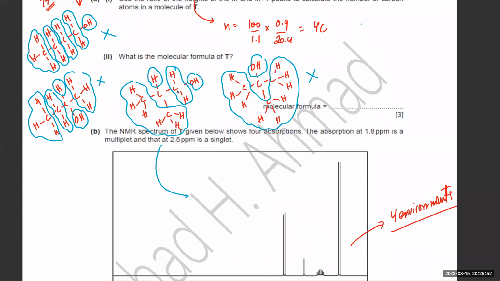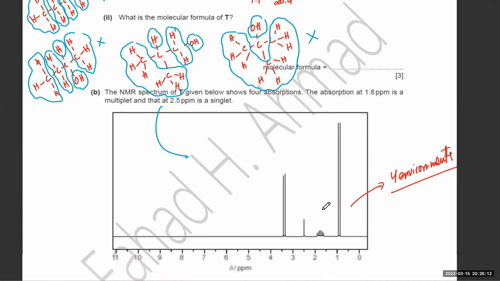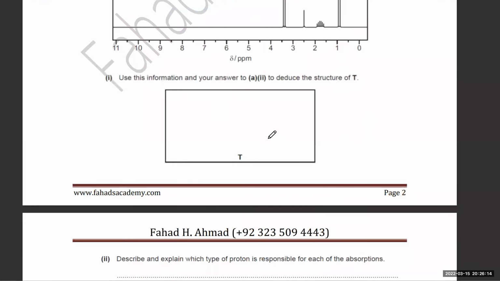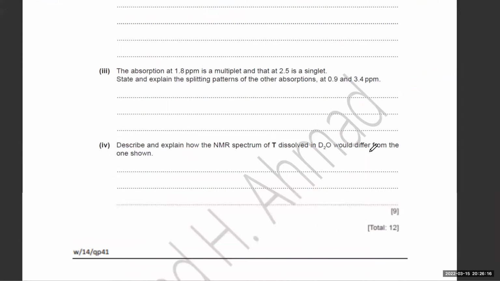Yes, sir. So the point is, without even actually going through the NMR spectrum, we've been able to figure out what the structure is, and we're going to go into a lot more detail as well, because remember, he's asking for the answer, but then he's asking for the explanation as well.